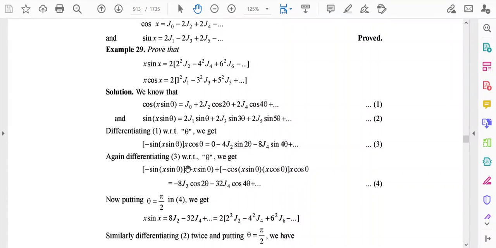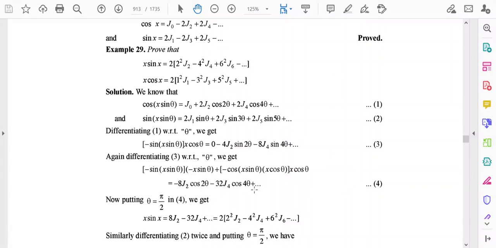So here the first term is constant, the differentiation of the second term is minus x sin theta, and here you have kept minus sin of x sin theta constant, and you have to differentiate x cos theta with respect to theta. So that will be minus x sin theta. In this way you can differentiate with respect to theta. Now for the right hand side also you have to differentiate with respect to theta. So thereby you will obtain equation number 4.